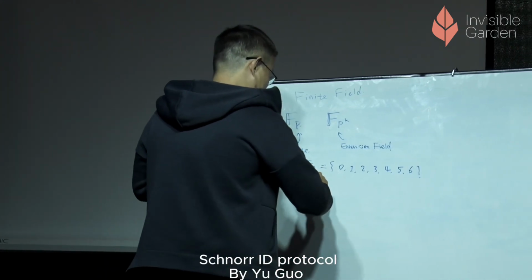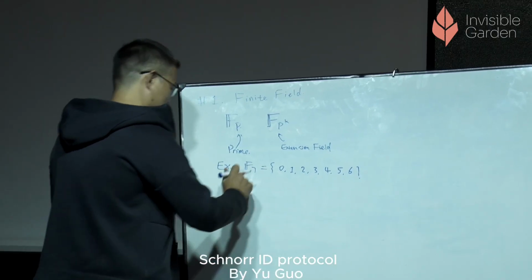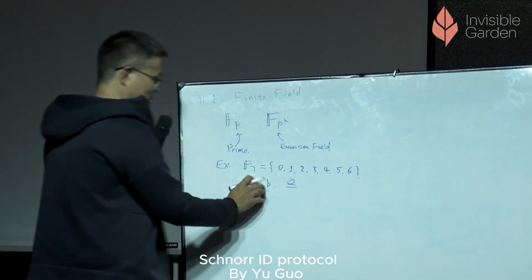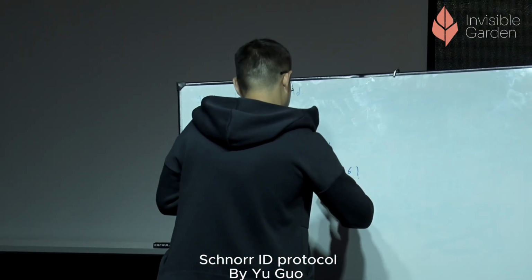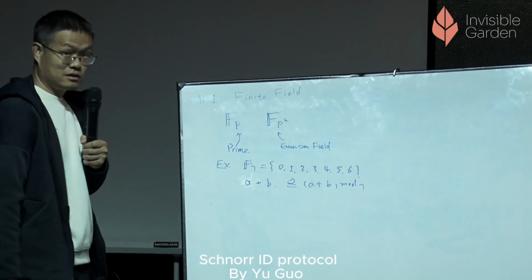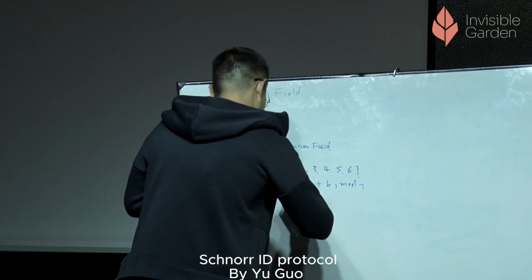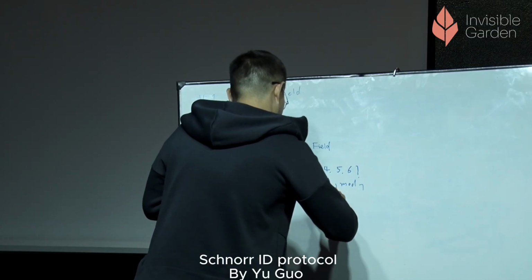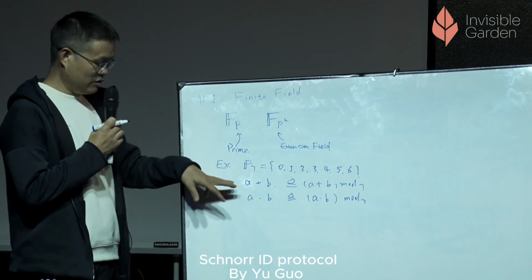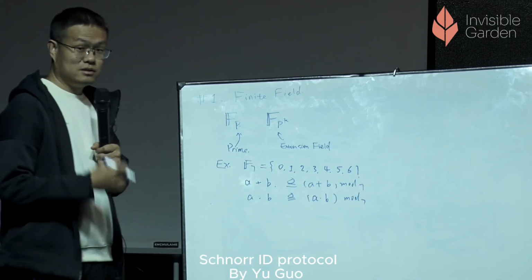So let's define what plus is like. We define the addition as A plus B mod 7, and A times B we define as A times B mod 7. Now we have defined plus and multiplication, and the modulus is the prime number. Why a prime?